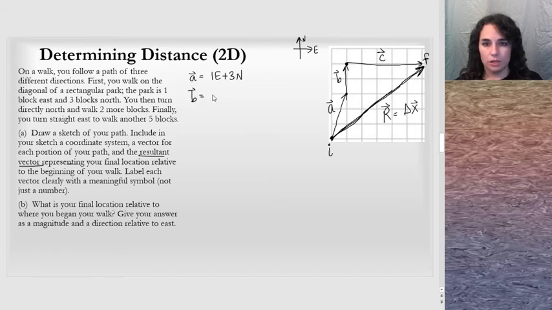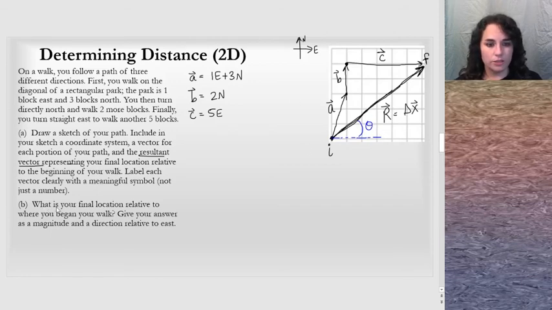B is 2 blocks north and C is 5 blocks east. Okay, so I'm writing down what I know. I don't know the length of R yet, nor do I know the angle of it, because there is an angle relative to the positive x-axis here that we would need for direction.